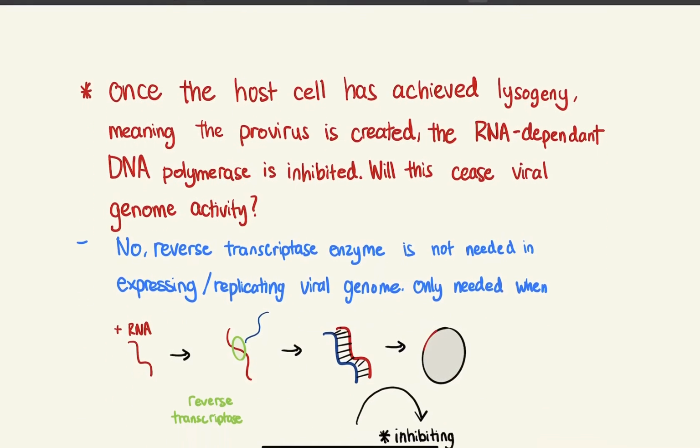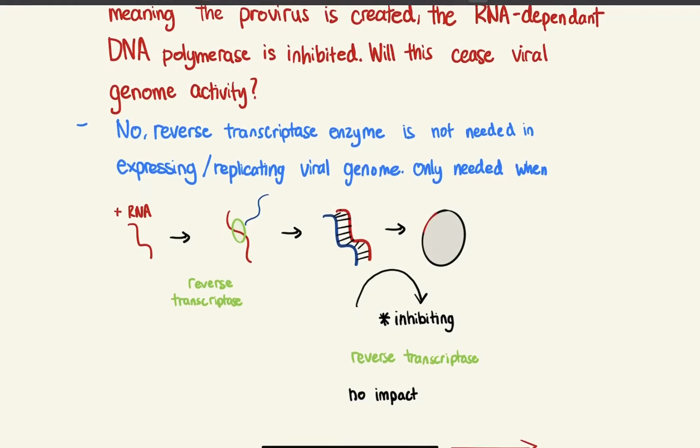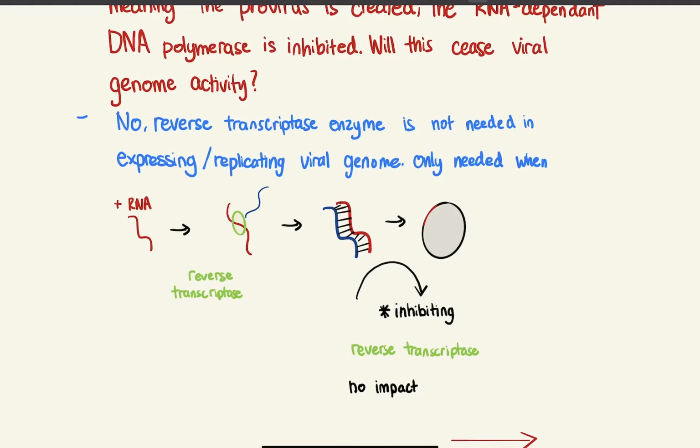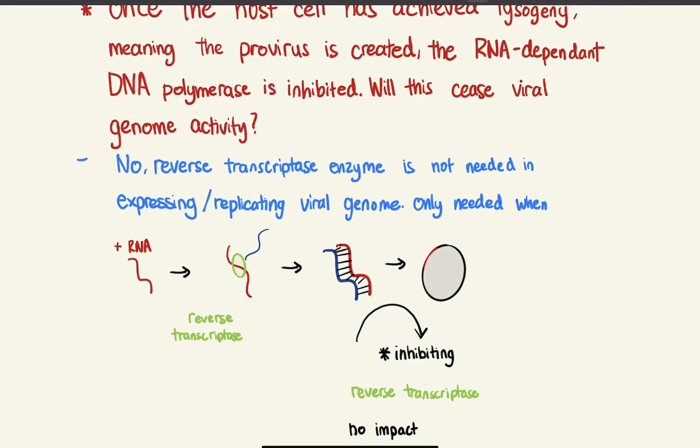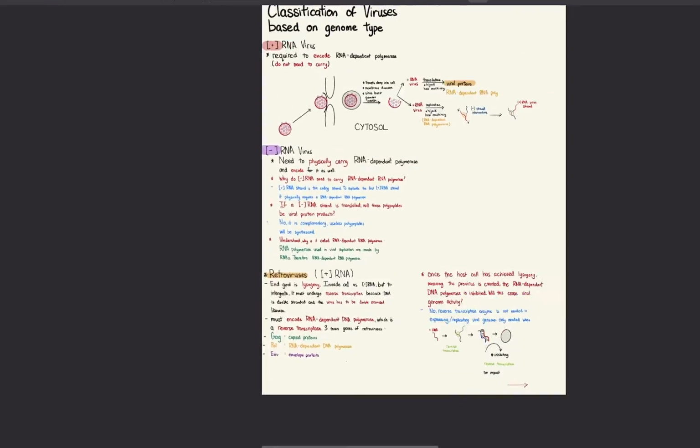The whole purpose of the reverse transcriptase is to make the positive RNA into a double-stranded DNA. And because it's already integrated into the host cell's DNA, there is no point in inhibiting the reverse transcriptase at this point. So it will have no impact on the progress of the virus.